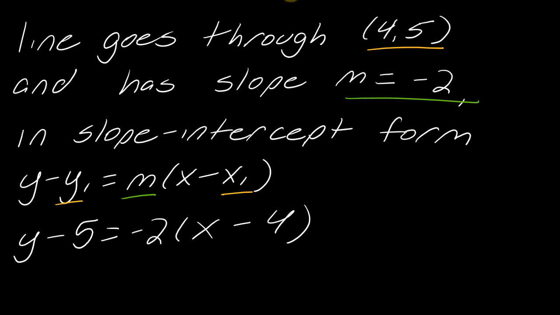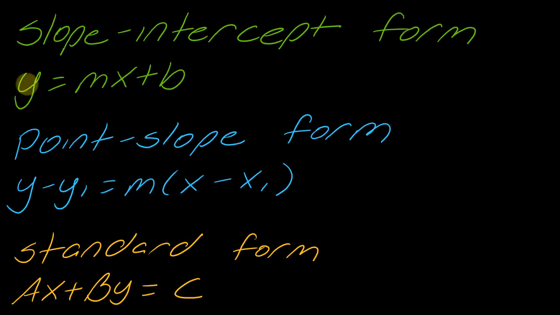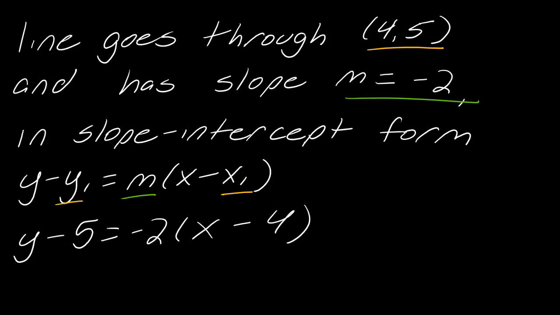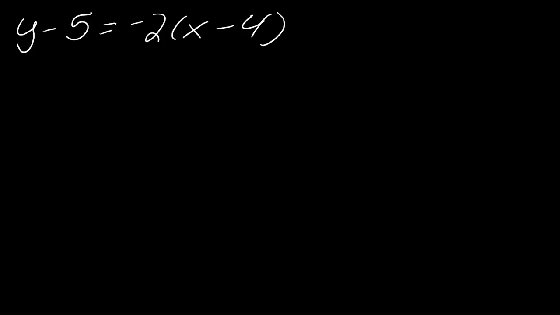Okay, so now I've got this in the point slope form, and I can pretty easily get this into slope-intercept form. Just to remind you, slope-intercept form really is this y equals format. So to finish this, all I need to do is solve this for y. First thing, I've got to distribute that -2. So this will be -2x plus 8.